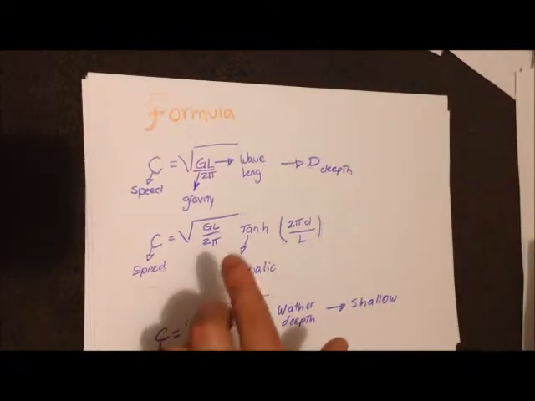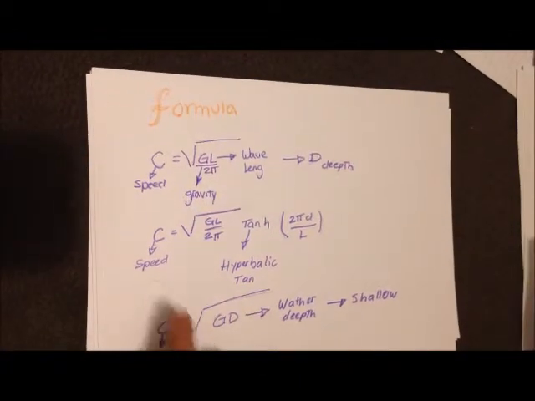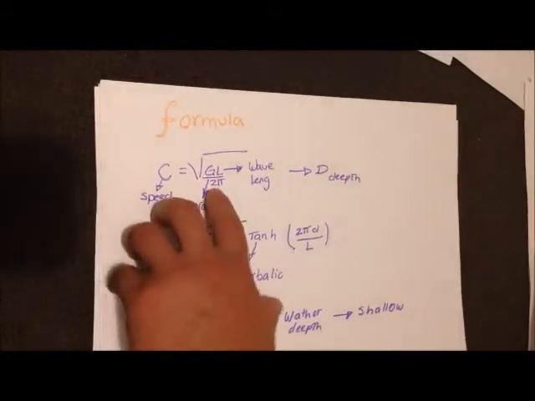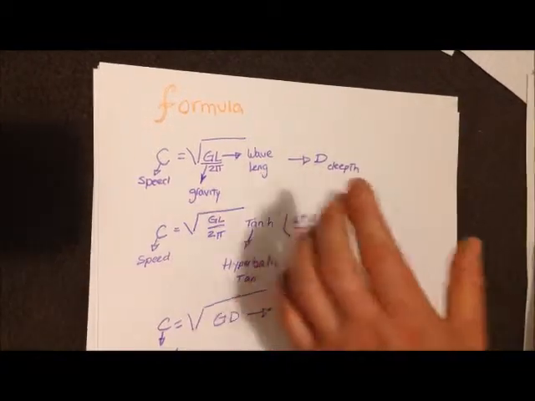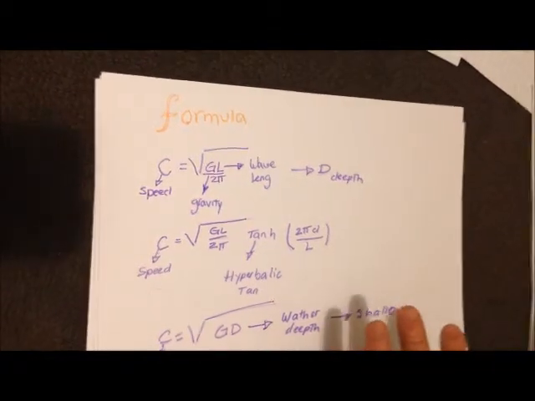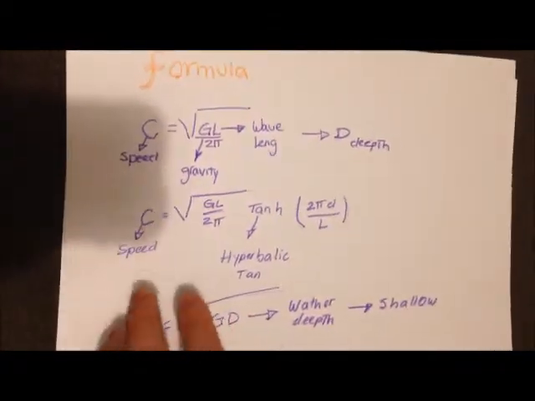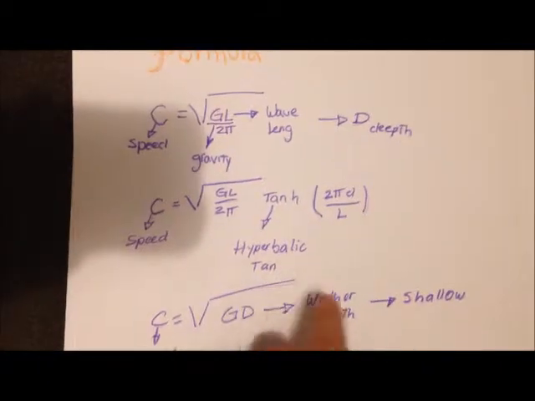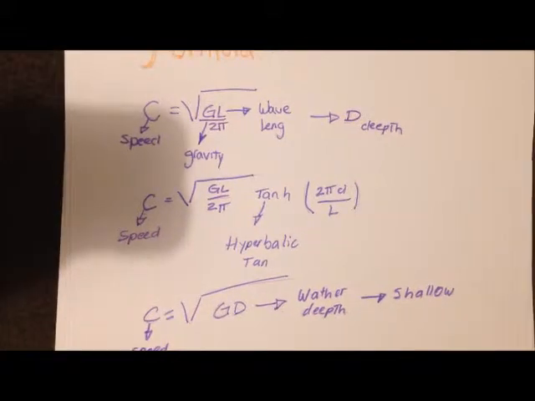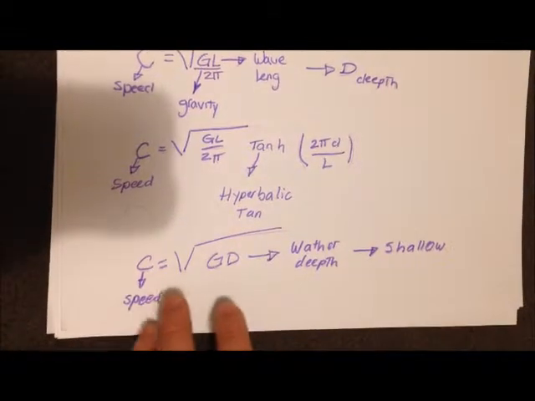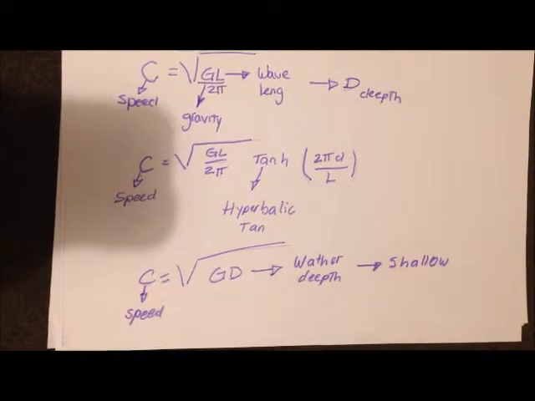You see here the formula for the wave speed. So you have speed, gravity, wavelength, and that is to find the deep water, and in the middle you have the speed plus hyperbolic tan, and that is the intermediate, and you have the speed, gravity, depth, that you use to find the shallow.